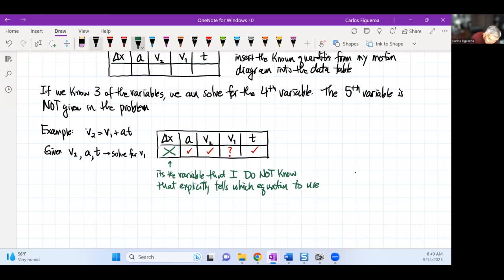Because I don't have delta x in this thing, this is the unknown variable, it's not given, then that equation tells me what to do.